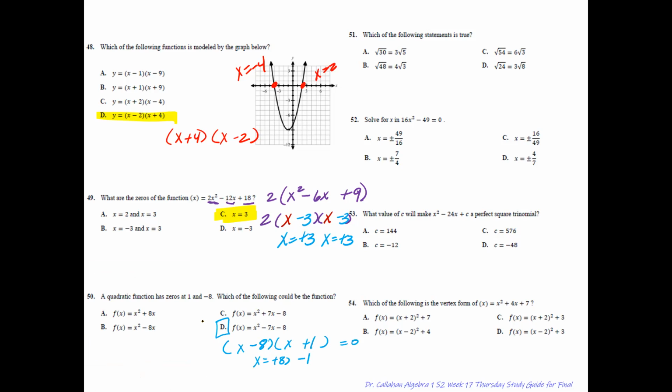That's not correct, because this one is for +1 and -8, but it's pretty close. So is there another one here that I can reverse? It's not D. How about C? If I try C, x minus 1, x plus 8 equals +1, -8. That's it. It is C.